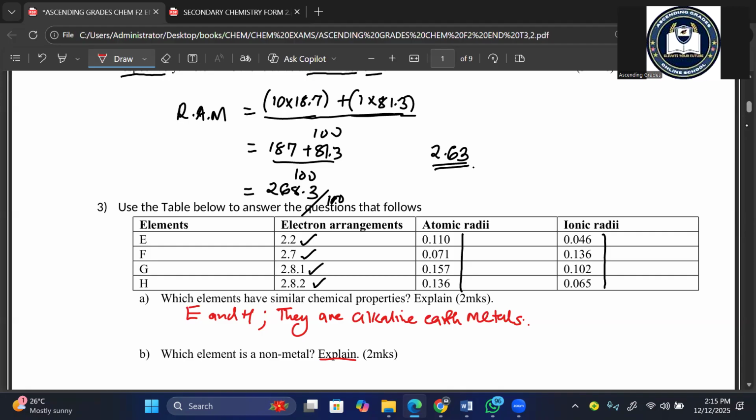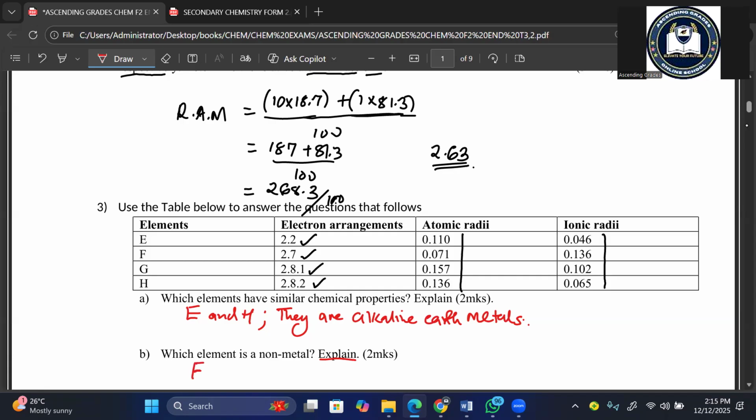So we can exclude E, we can exclude G, and we can exclude H, because for them to acquire stability, they will lose the outermost electrons. And this is happening to metals. So what remains will be F, and it will be the non-metal.